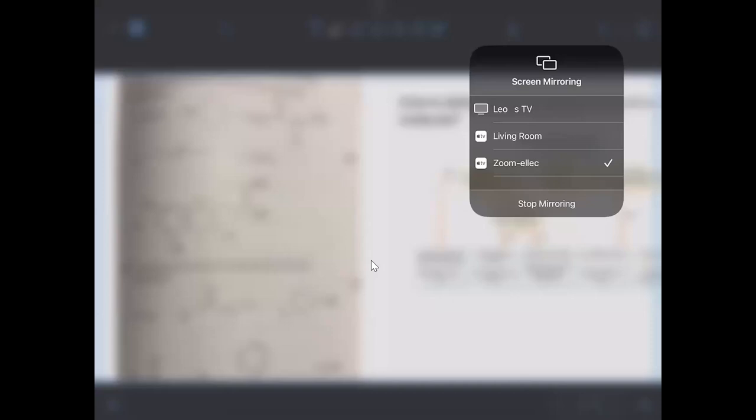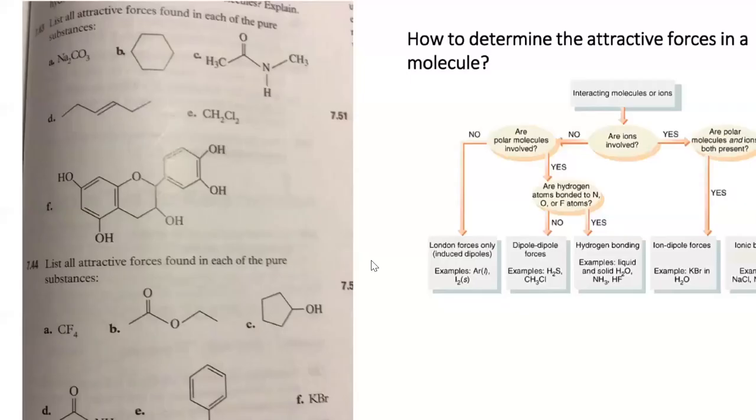I'm going to add the flow chart so you guys see how to utilize it to determine the attractive force. Okay. Let me share my screen. Great.